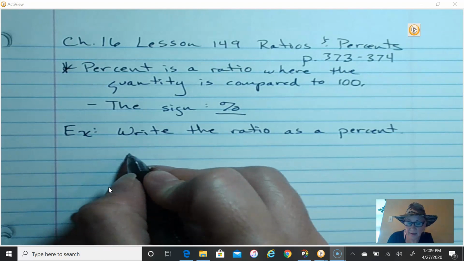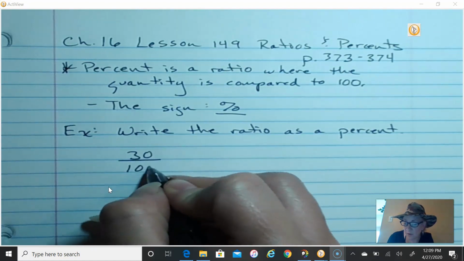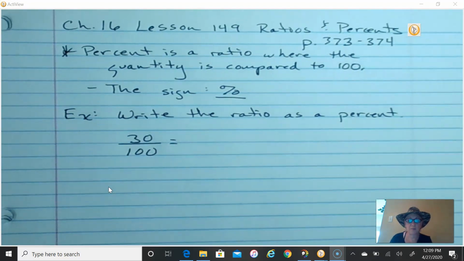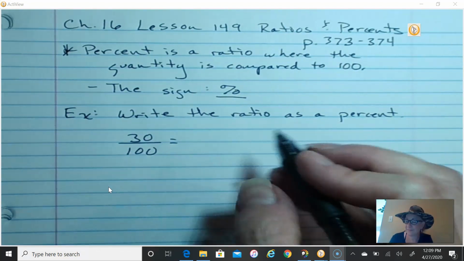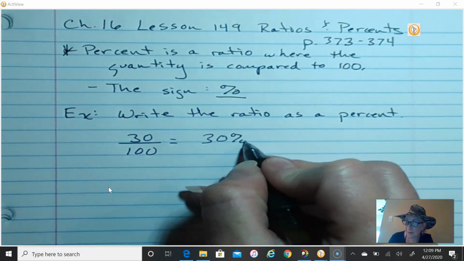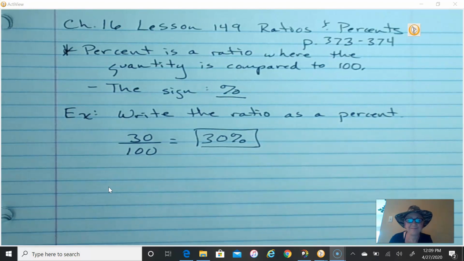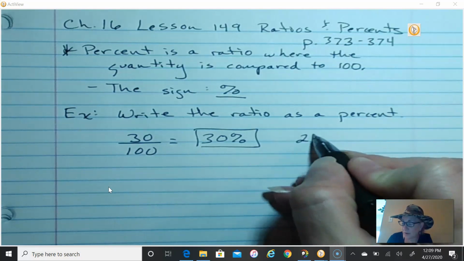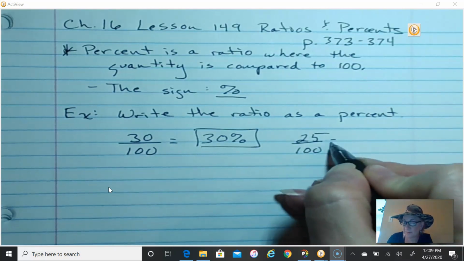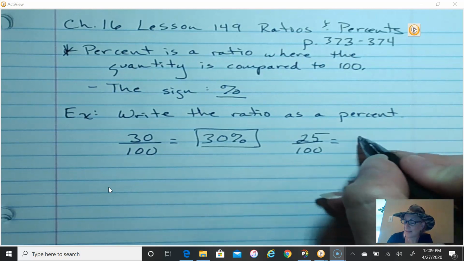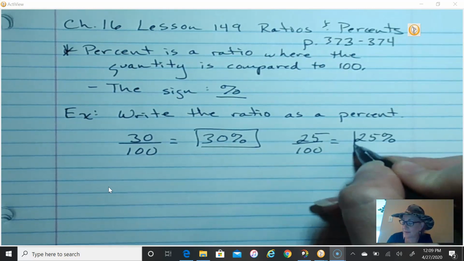So let's say it's 30 over 100. You know what the percent is? 30%. That's it. 30%. How about if it was 25 over 100? That would be 25%.